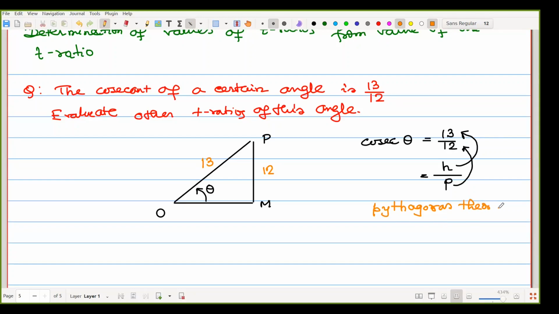What the Pythagoras theorem said, that we have OM square plus PM square is equal to OP square. So we may find the OM square from here, that is OP square minus PM square, or that one is equal to 13 square minus 12 square, which is 25.